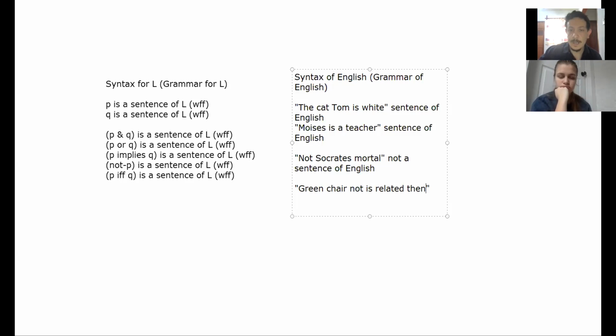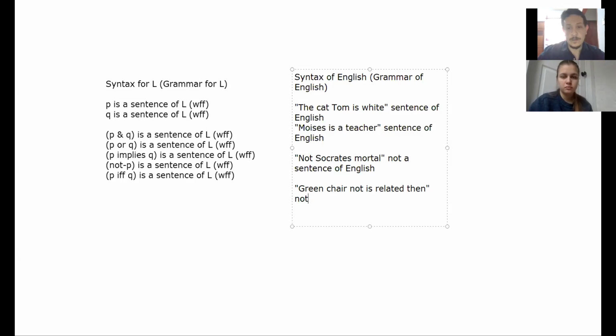The words are words of English, but a sentence is a structure built up out of words. In order for something to be a sentence, it doesn't suffice that it has words as parts. It must have the words as parts in a proper way, right? And what do we mean by proper way? Well, according to the grammar of English.